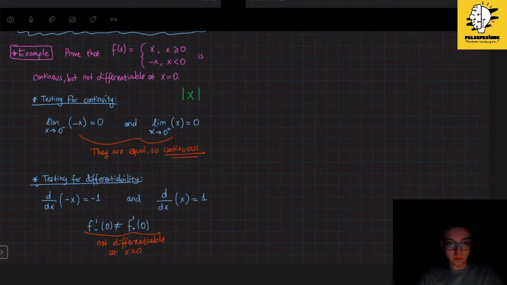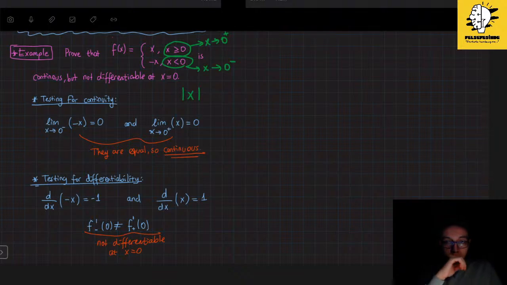First, let's test for continuity. What was continuity? If x approaching from left and x approaching from right at a fixed value have to be equal to each other. Okay, let's solve. We know that this is the sign for x approaching from right, and this is x approaching from left.